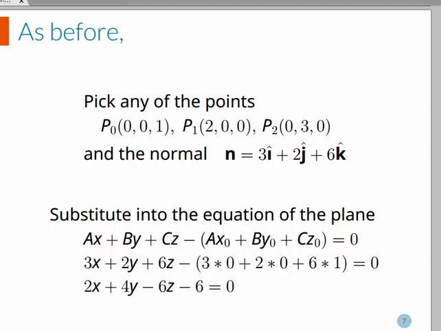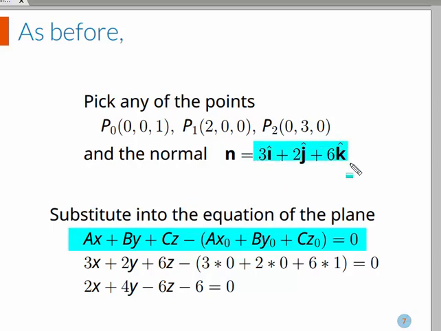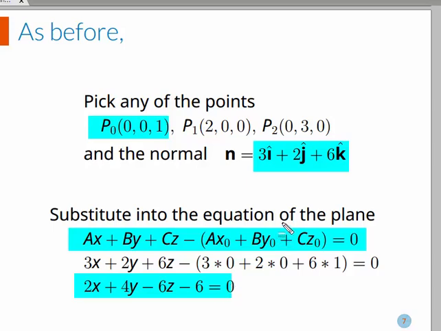So here we have the equation we're looking for. We have the a, b, c's from the normal that we calculated, and then we pick one of these points. I picked this one, and here's the equation for that plane. If you take these 3 points and create different vectors, or you take the cross product in a different way, it won't matter at all for the equation for the plane.